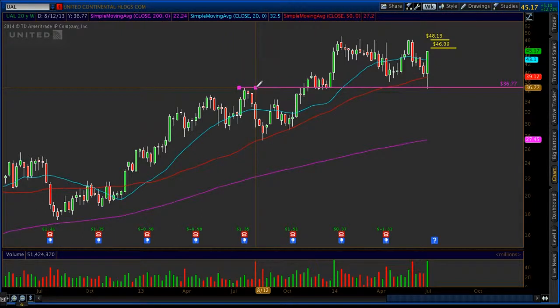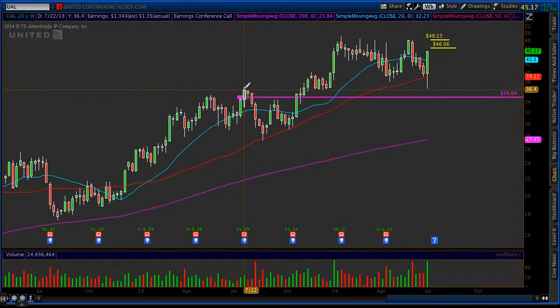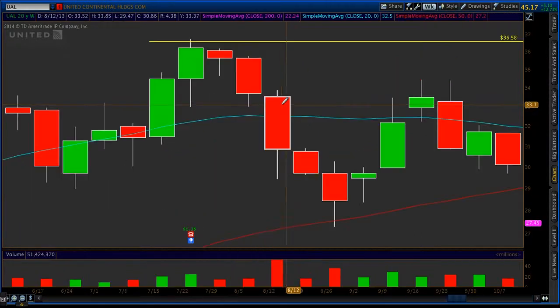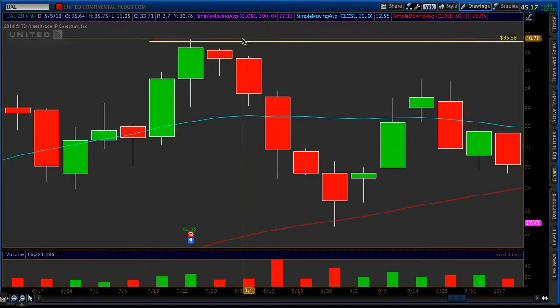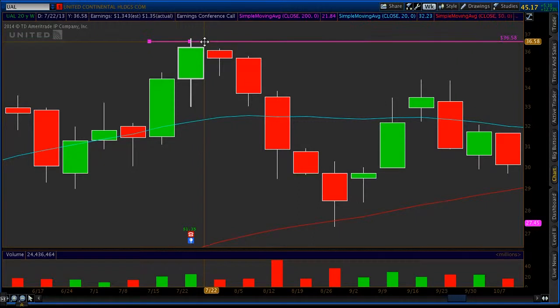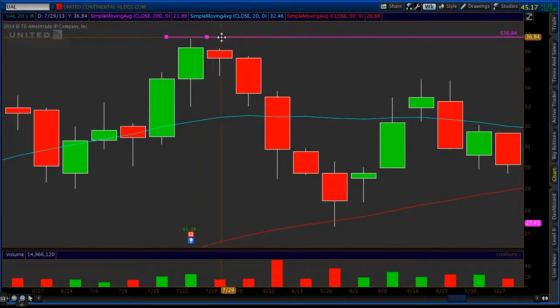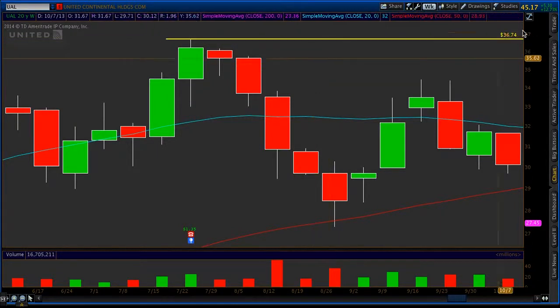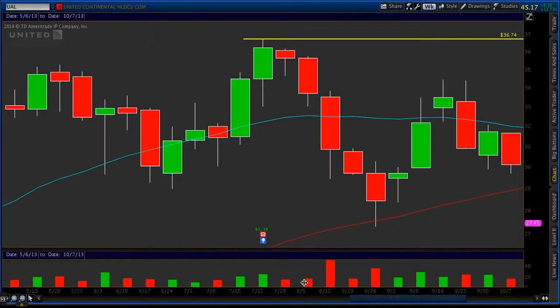So I'm going to draw that in there, 36.74. All right, let me adjust that. All right, 36.74. See that there? All right, I'm going to zoom out.